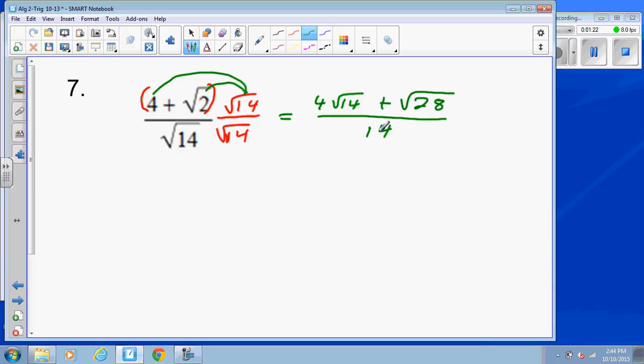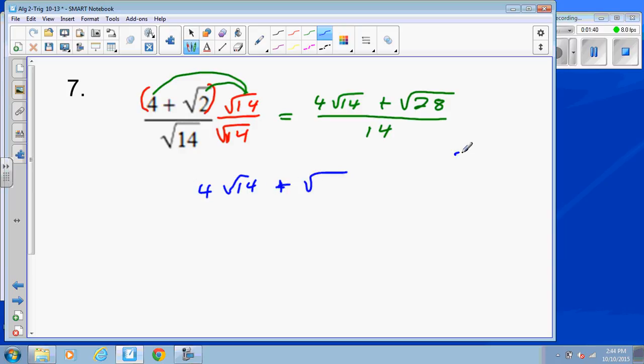We have rationalized the denominator, but we have to go one step further to simplify this square root here. This one is just 2 times 7. Nothing comes out of that from 14. So I have 4 square root of 14 plus 28.